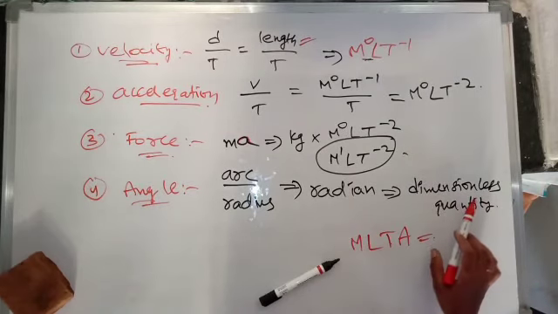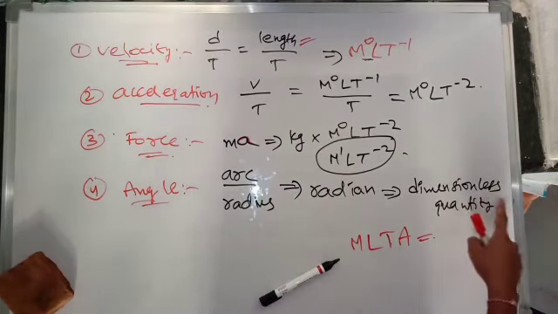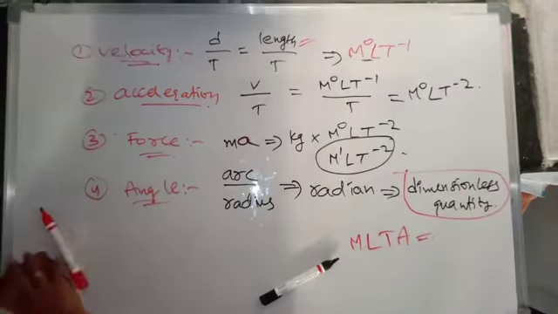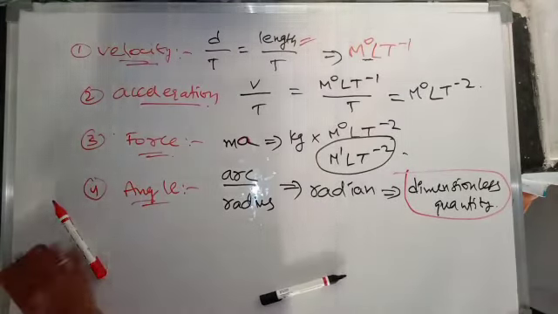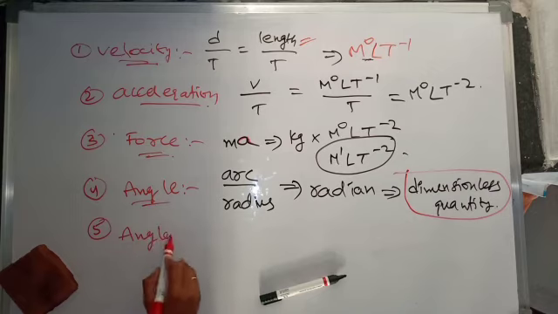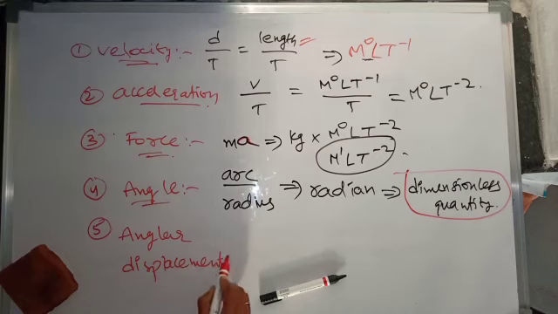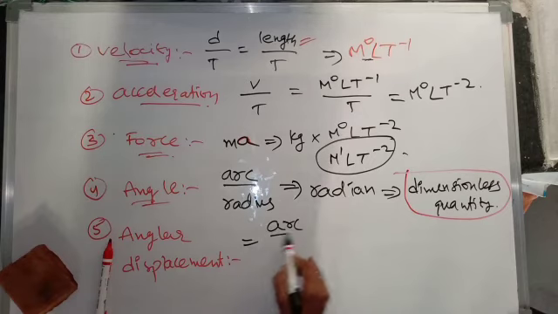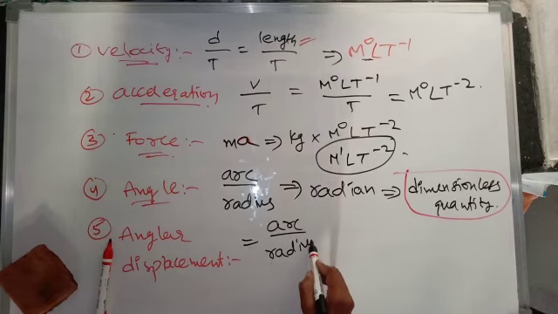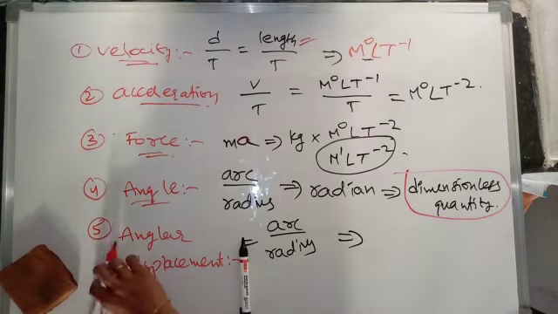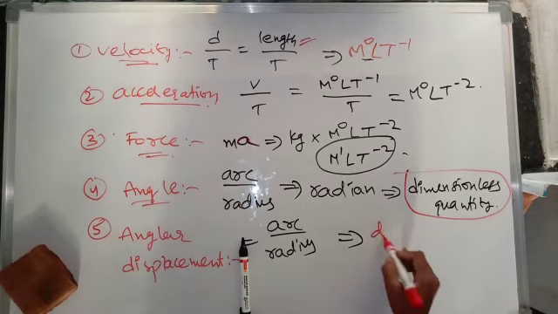This is the main reason. So angle is a dimensionless quantity. Coming to the fifth one, angular displacement is arc per radius. This is also a dimensionless physical quantity.